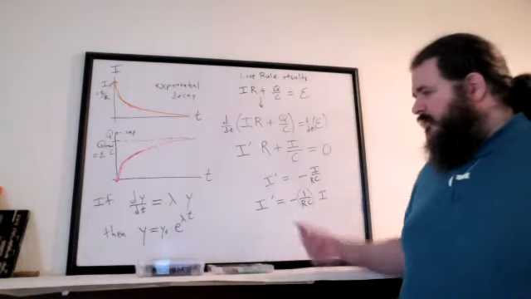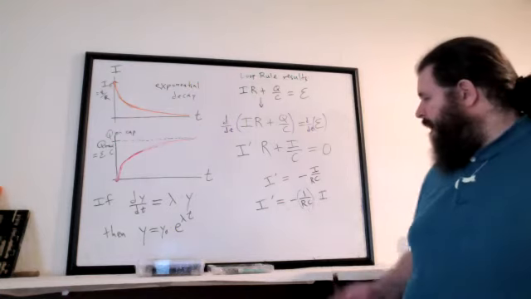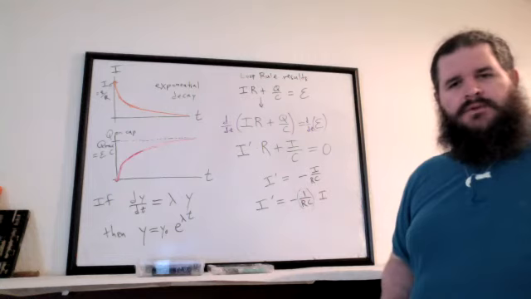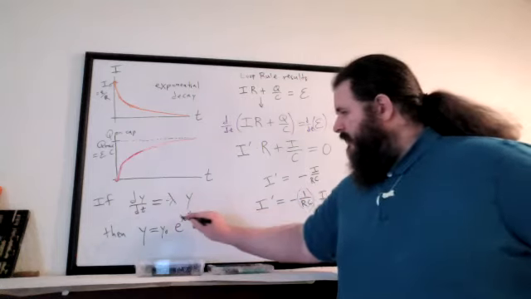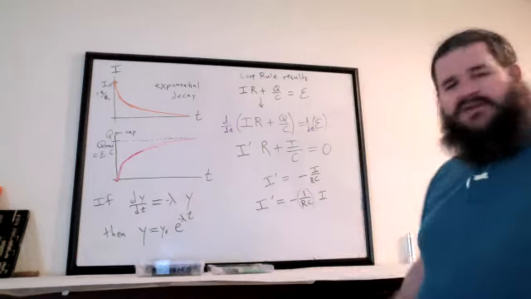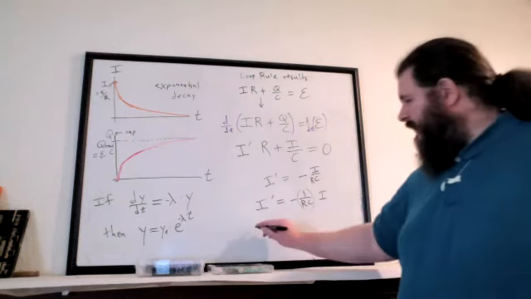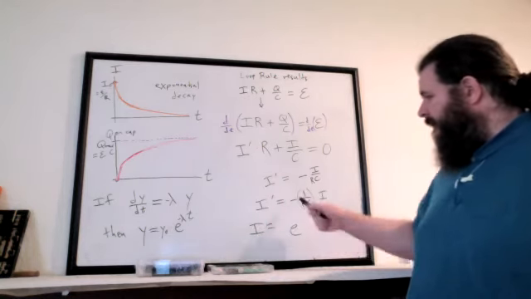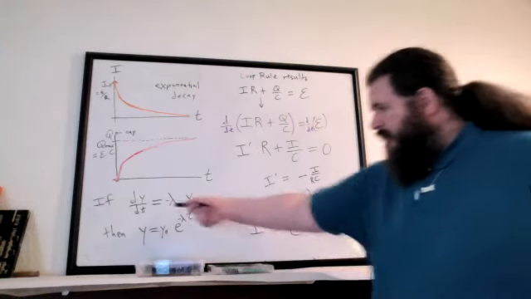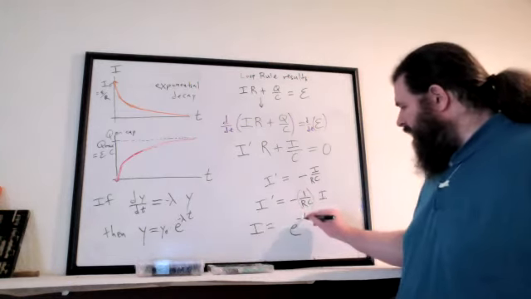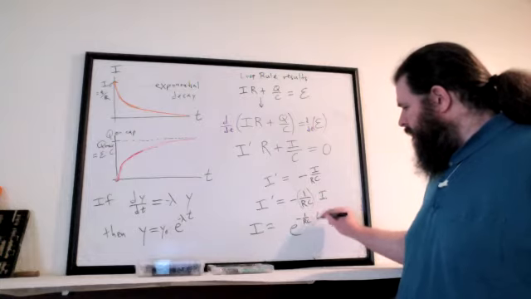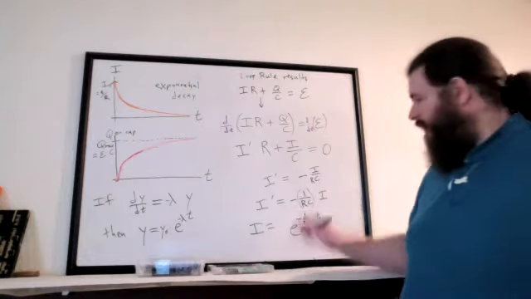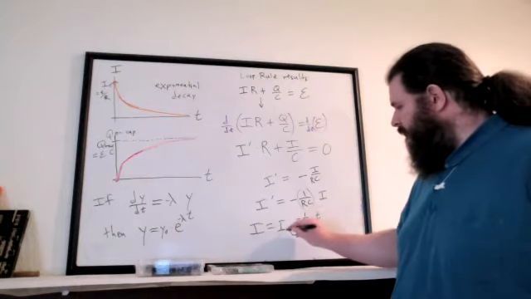So we can conclude the same result here. Lambda in this case is the negative 1 over RC. Or sometimes we put a negative in these and say lambda is 1 over RC. But either way, we get current equals e to the negative 1 over RC, that's the constant here, times t, times some coefficient, which turns out to be the starting value of current, I sub 0.